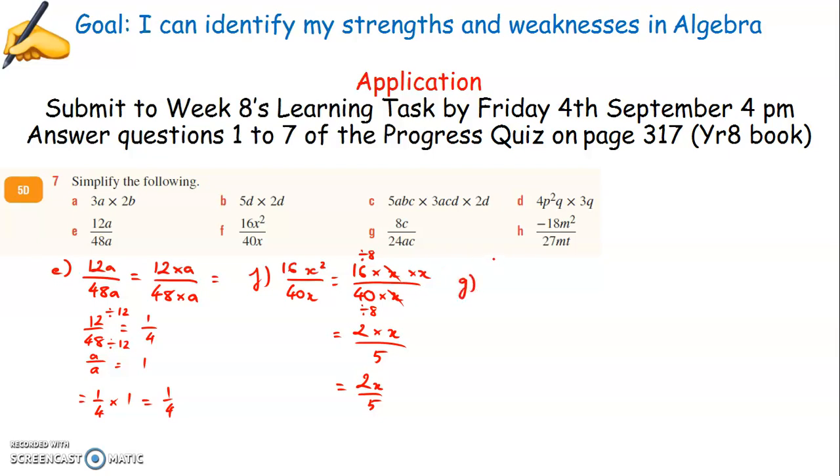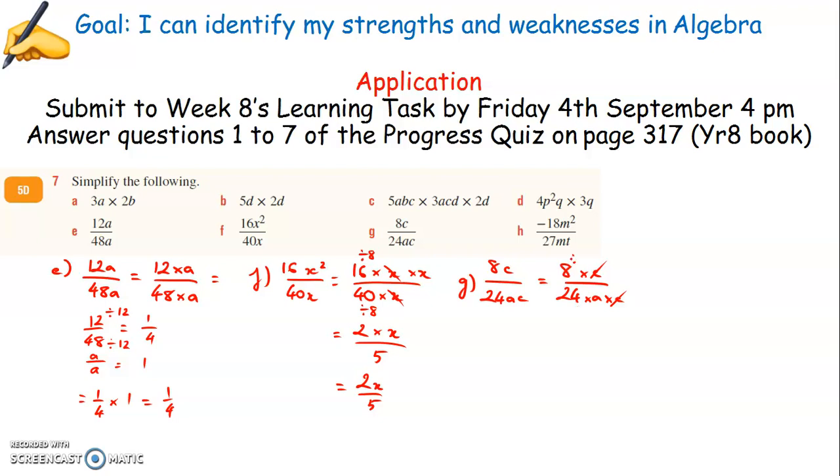For g, we have 8c over 24ac. Let's rewrite this: 8 times c over 24 times a times c. So we can cancel the c at the top and the c at the bottom. And what number can go into 8 and 24?